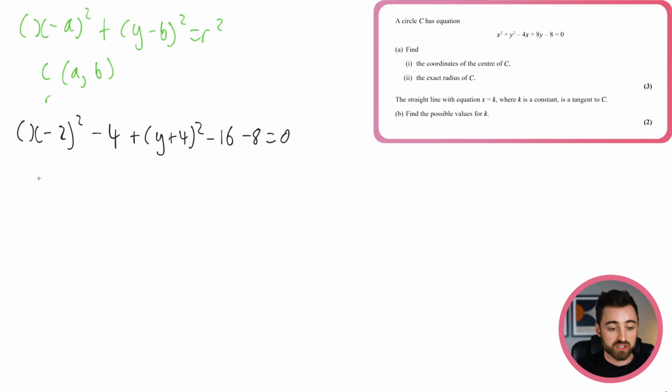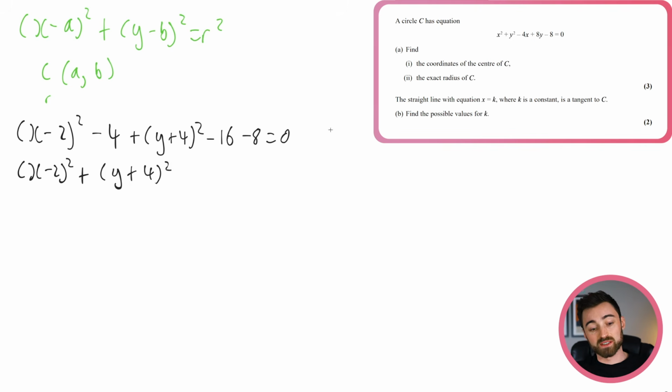Clean it up now. So I've got x minus 2 squared plus y plus 4 squared, and then I'm just going to send all the numbers onto the other side. So adding them to the other side, it's just going to be all of these added together. So 4 add 8 is 12, add 16 to that, I get 28.